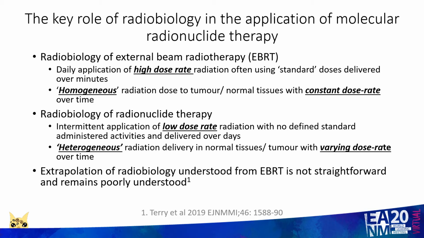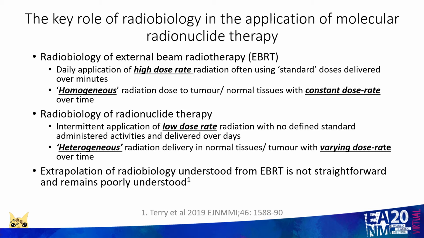There's also significant differences in the radiobiological effects of radiation, whether delivered as external beam radiotherapy or as radionuclide therapy, and this relates to the way the radiation is delivered. The biological effects of radiation are not merely a reflection of dose, they also reflect how it is given. For example, in external beam radiotherapy, there is commonly daily application of very high dose rate radiotherapy, given in standard doses.